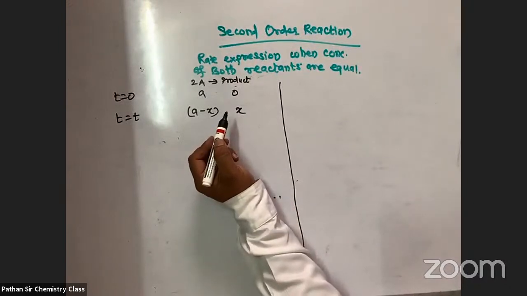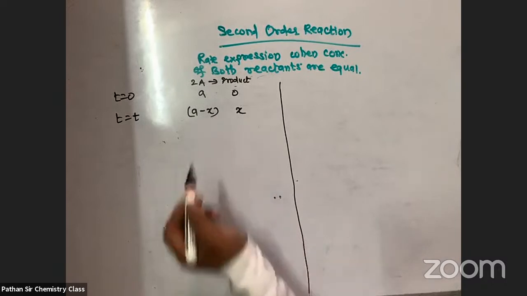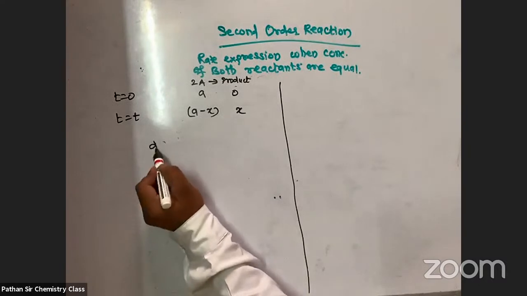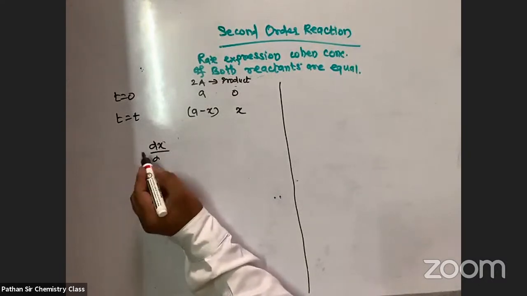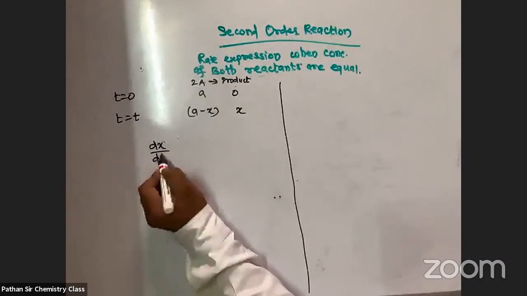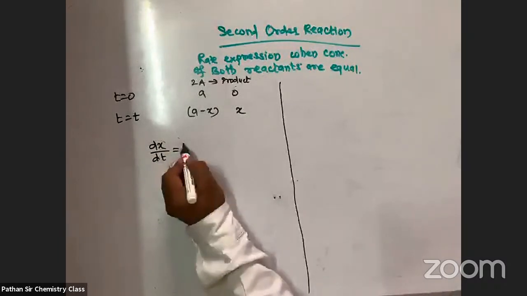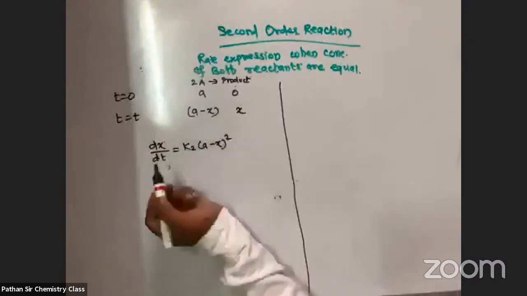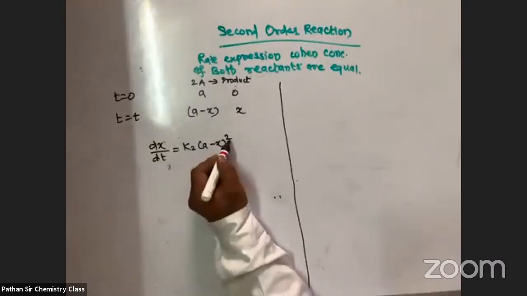Okay. Then, as it is a second order reaction, the rate expression, that is dx upon dt, is equals to k2 into (a minus x) to the power 2. इथे दोन कशामुळे?